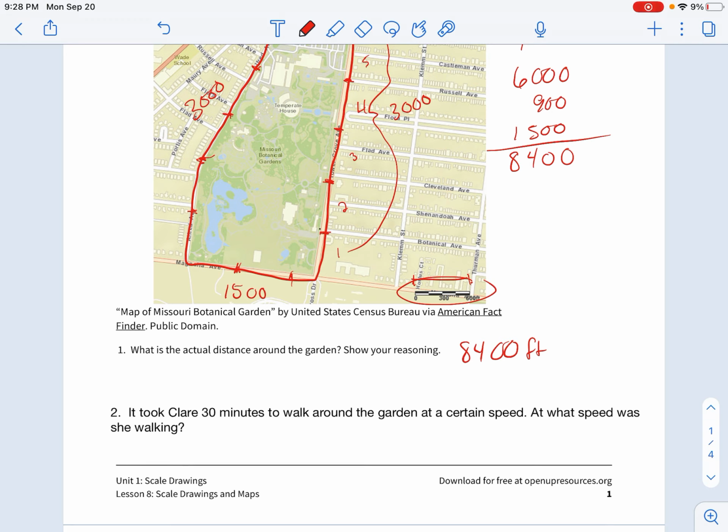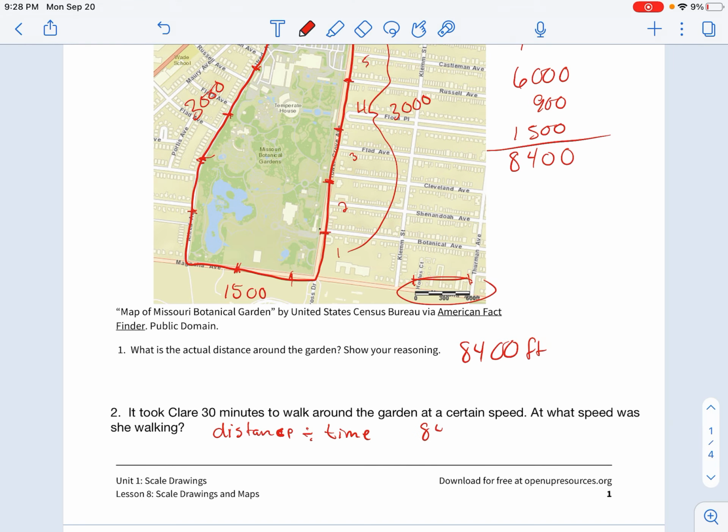So now, it says it took Claire 30 minutes to walk around the garden at a certain speed. In order to find that speed, we're going to divide our distance by our time.